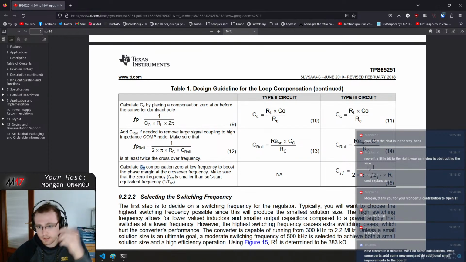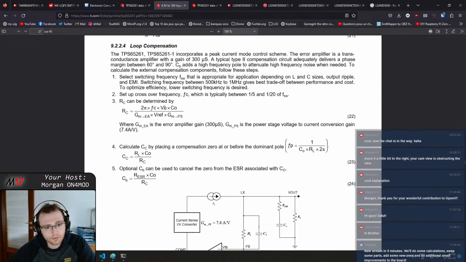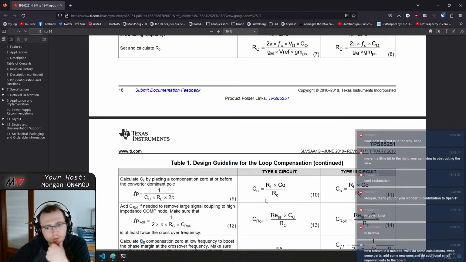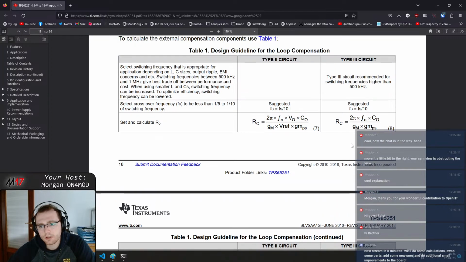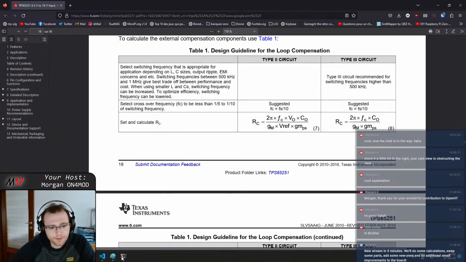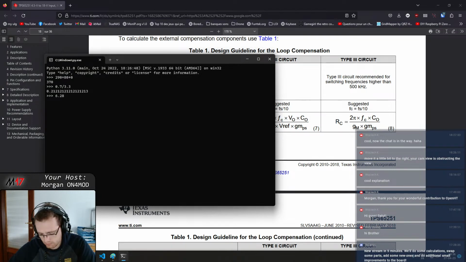So we are just gonna recalculate the recommended values here. Or maybe we are just gonna use these equations. So this one is a bit different. They don't have the V output divided by Vref. Let's see what we get. So we have 6.18 times FC, crossover frequency.